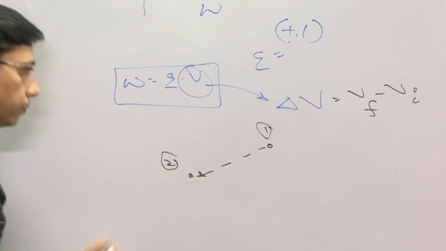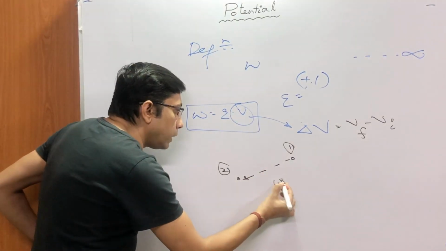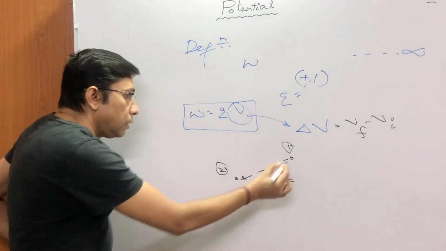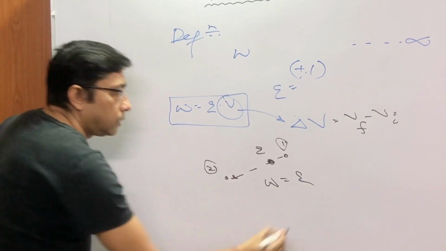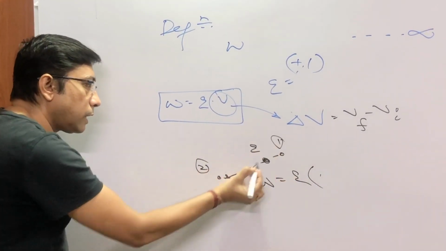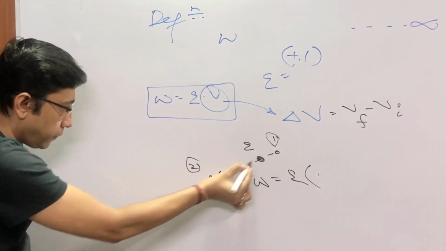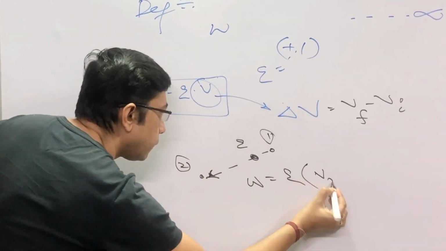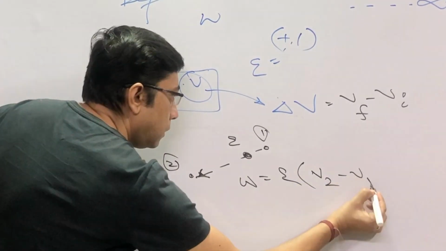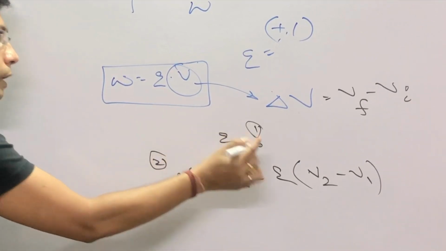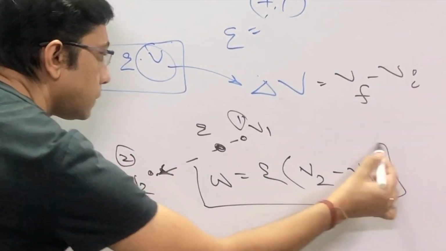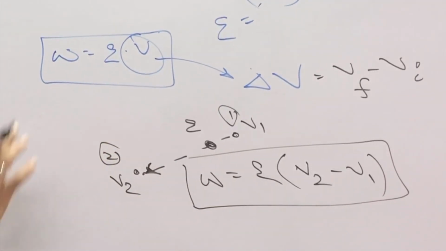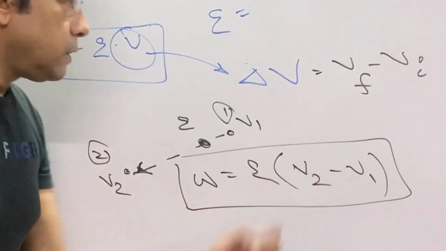So work done in doing that would be the charge that we are bringing, Q, into V final. It has been finally brought to point 2. So V final is V2 minus V initial. Initially it was having a potential V1. That is the meaning of this. I think you got it. Next, work done is this much.